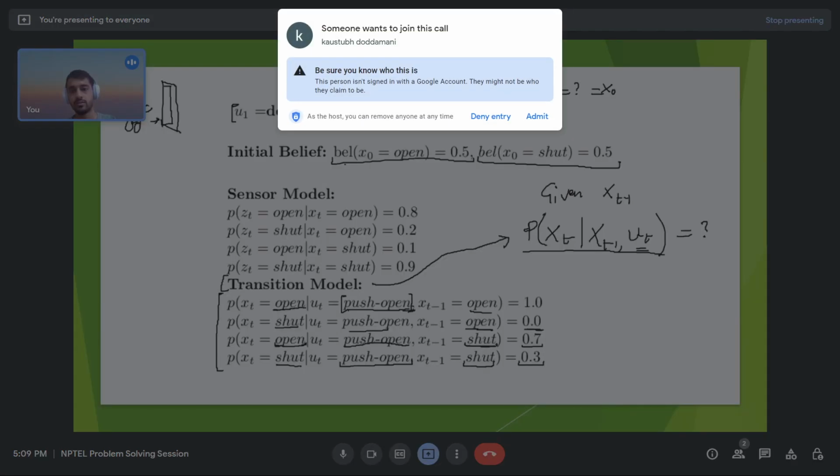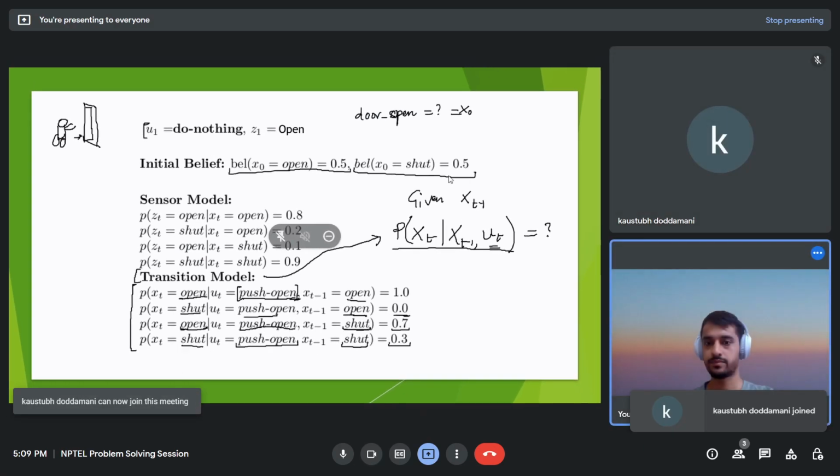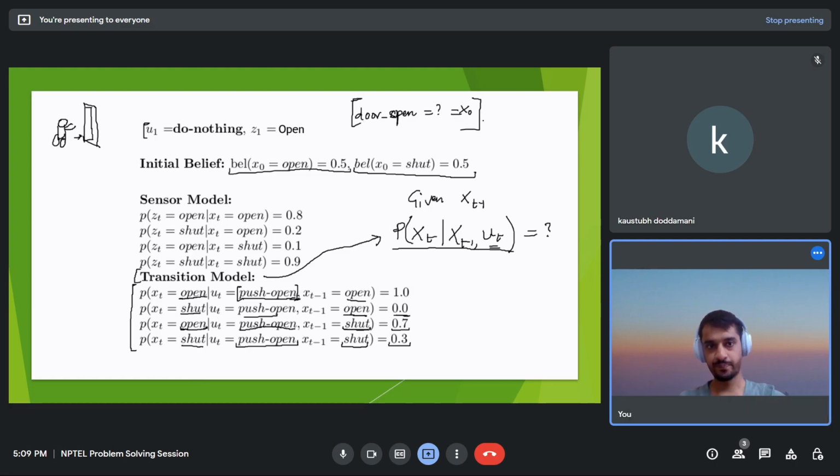With beliefs, these are the probabilities that the variable has each state.